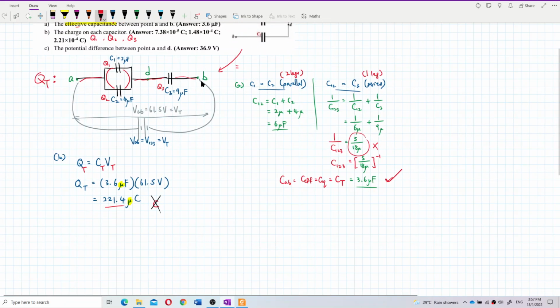Let me draw it out. C12 and C3. C12 means after C1 and C2 combine. C12 and C3, they are in series, right? I just want to write it out again. If they are in series, they have the same charge, isn't it?